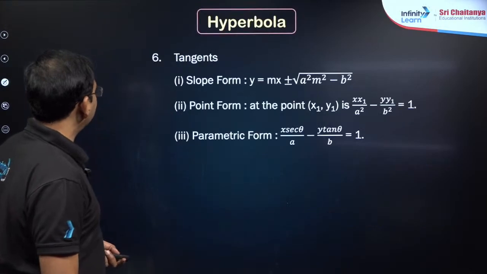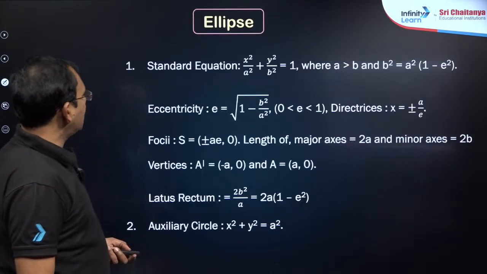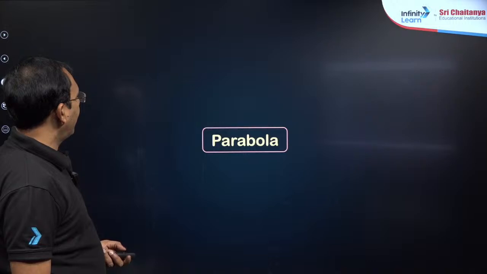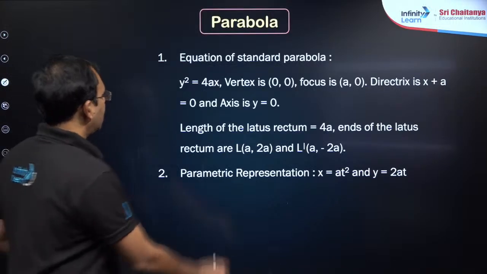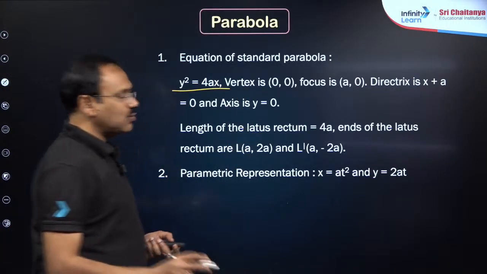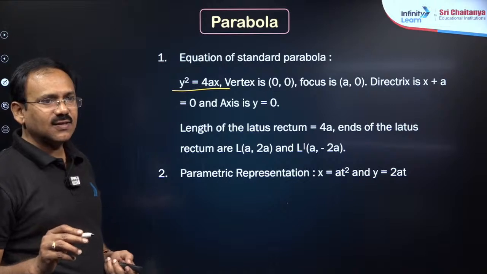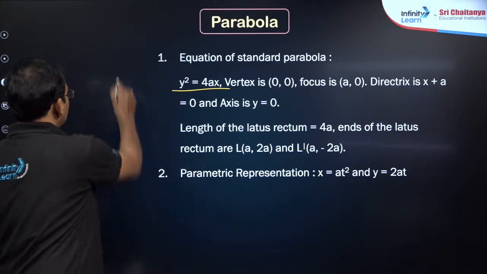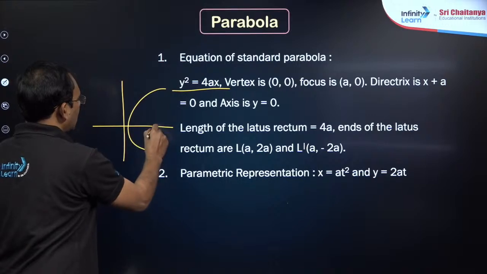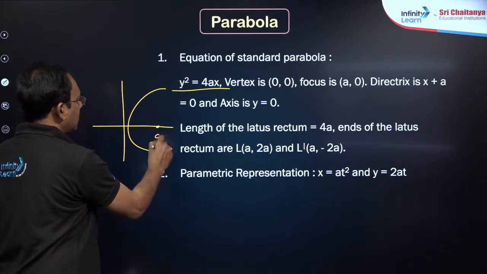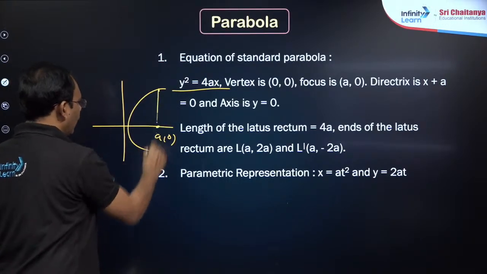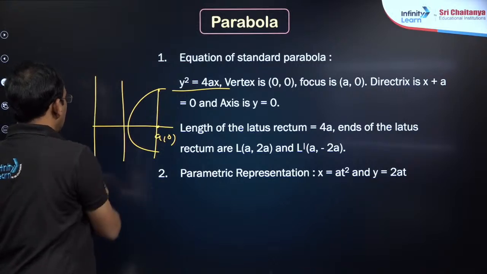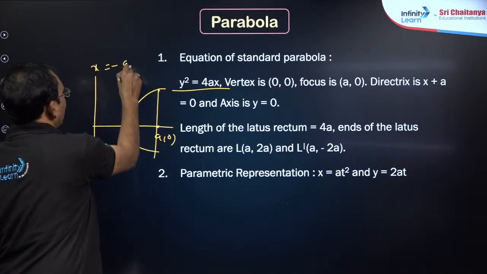Dear students, you see here, the parabola equation y square is equal to 4ax. What you need to know is the focus at a comma 0, latus rectum 4a, and the equation of directrix x is equal to minus a.